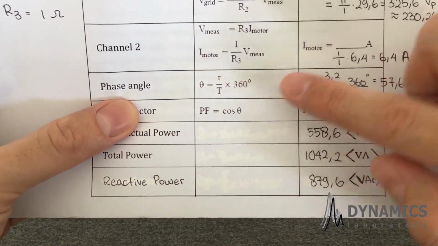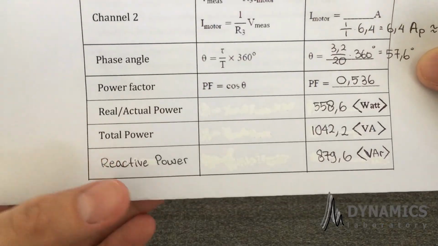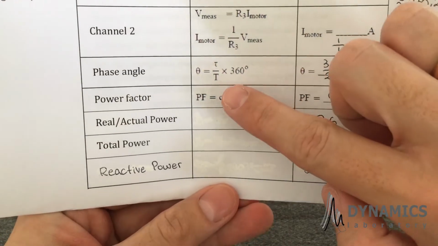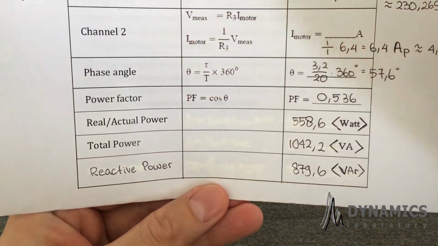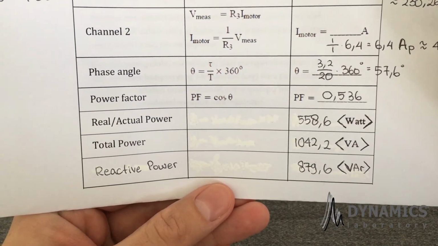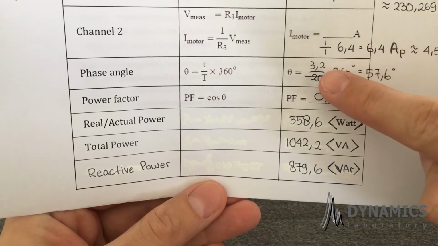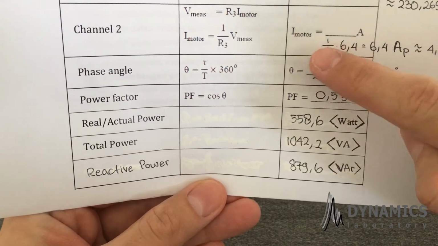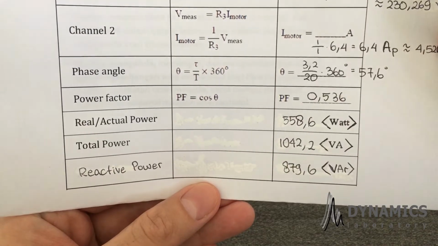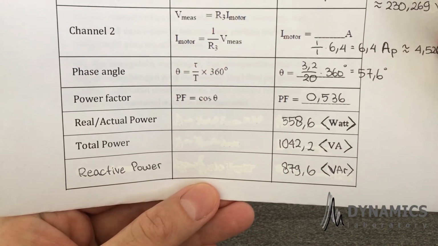And then the third calculation, we want to calculate the phase angle. This is the formula: tau divided by T multiplied by 360 degrees. And from the measurement, we get the time difference between the voltage signal and the current signal is 3.2 millisecond.